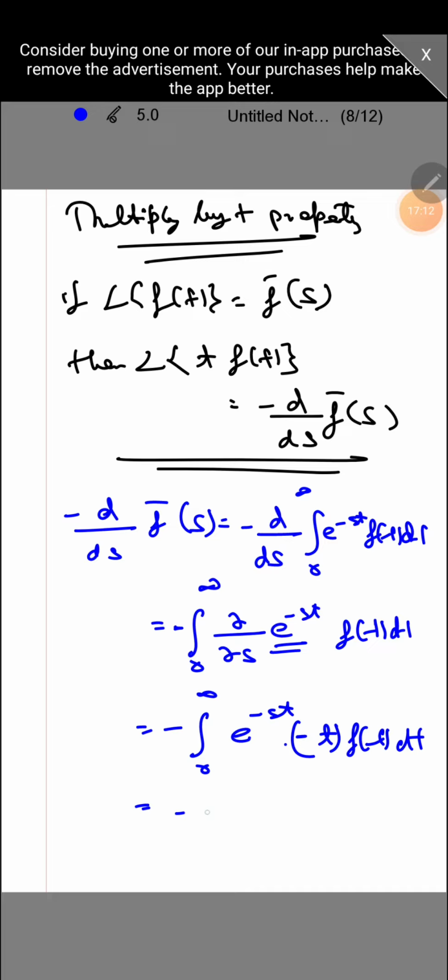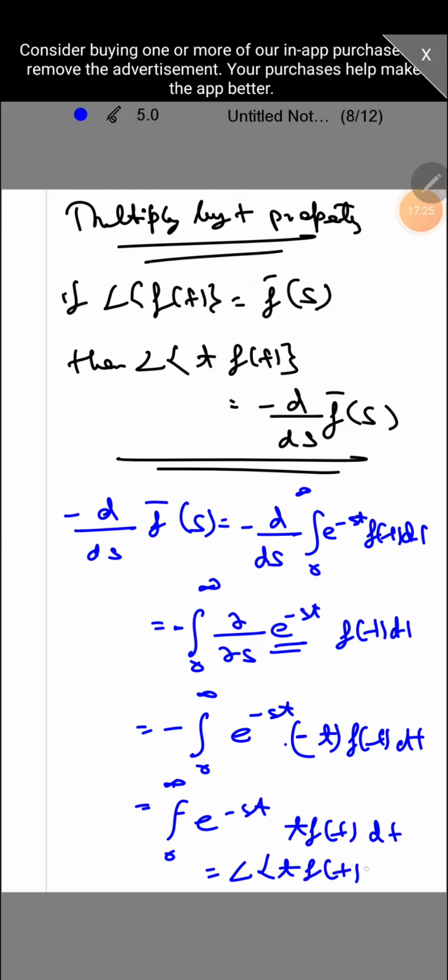So the minus sign makes it positive, so this is integration 0 to infinity e to the power minus st t times f(t) dt, that is equal to the Laplace transform of t f(t). This is the function now, right? Got it? This is very much important, do keep this in mind.